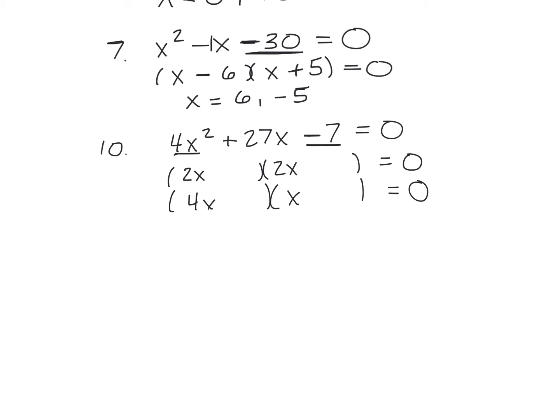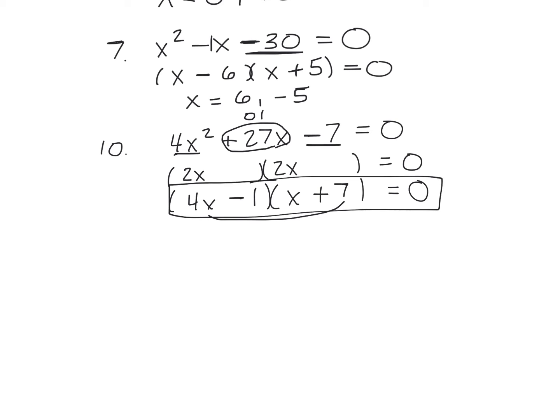Which makes me think if my outsides and insides need to give me 27x, if I pair this 7 with the 4, that's 28x, and 1x making that negative. This is going to work in check. So this is my factoring. My solution, therefore, would be positive 1/4 and negative 7.